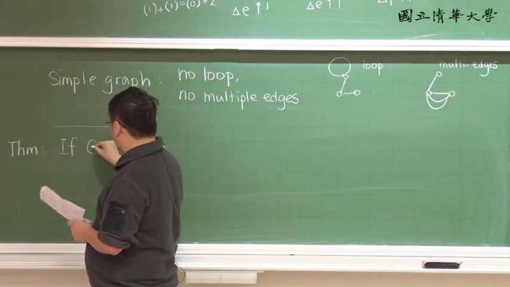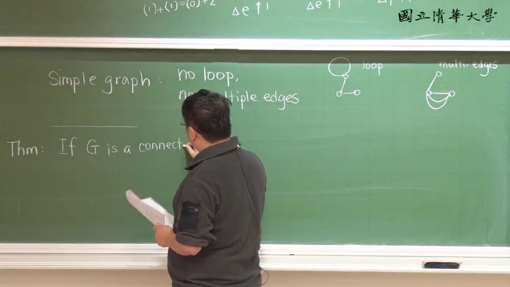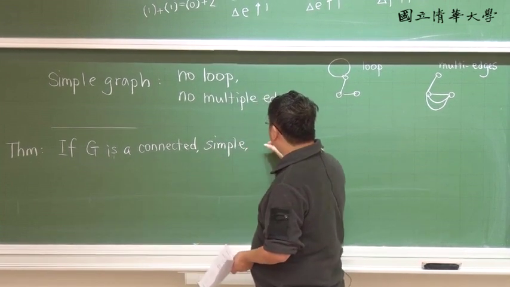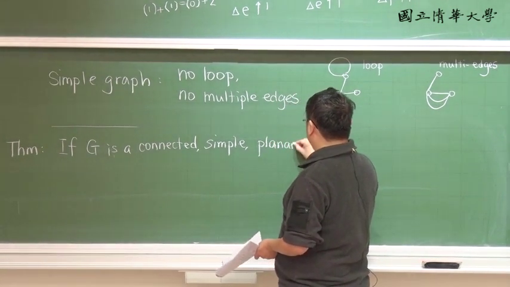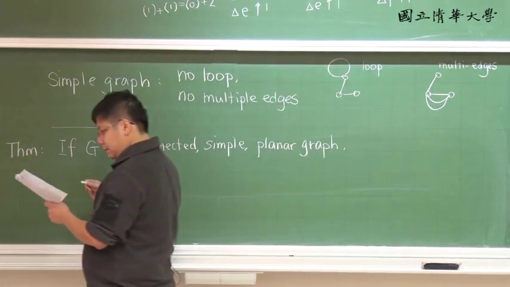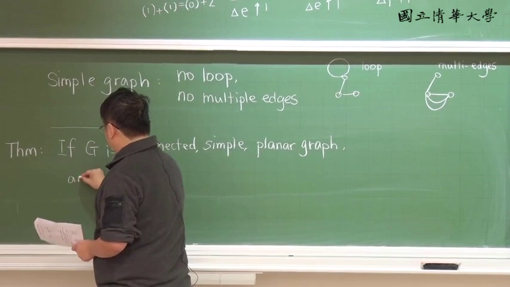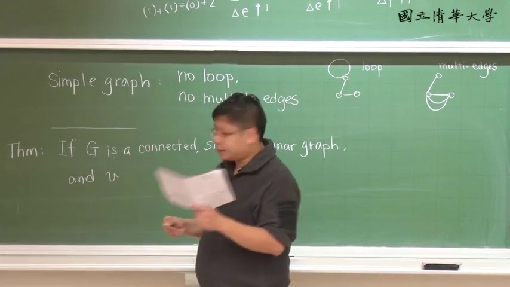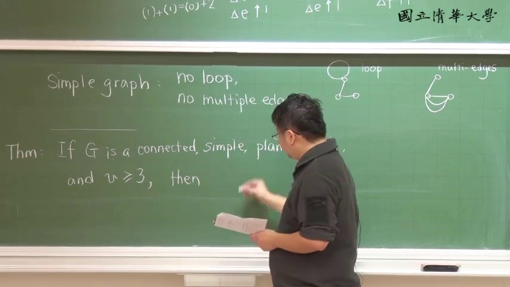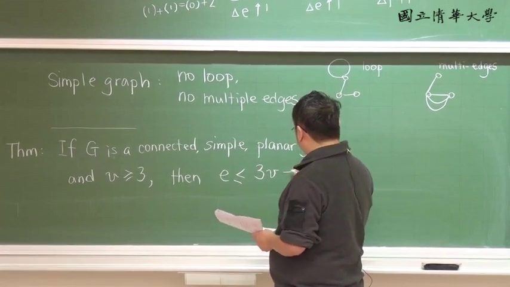If G is connected, simple, and also a planar graph, and V, the number of vertices, is at least 3, then the number of edges must be less than or equal to 3 times V minus 6.